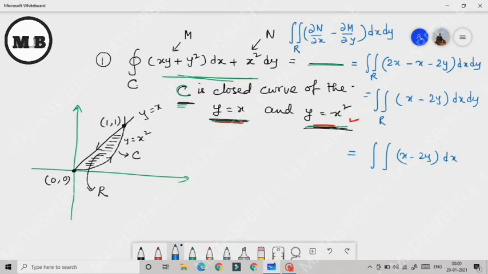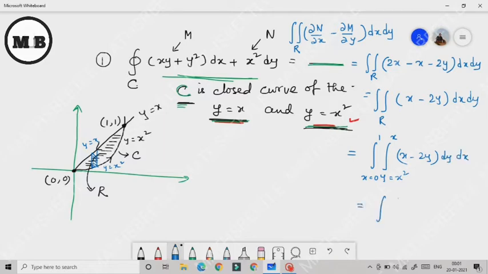If you simply consider this vertical strip, in that vertical strip y varies from y equals x square to y equals x, and x varies from 0 to 1. So if you change the order of integration, you will have dy dx.